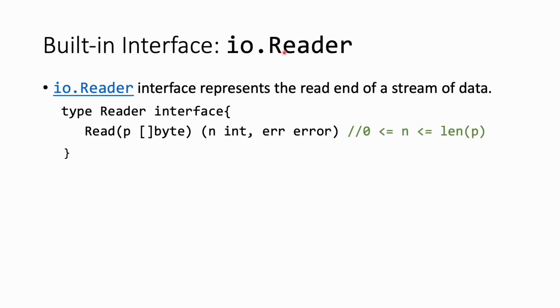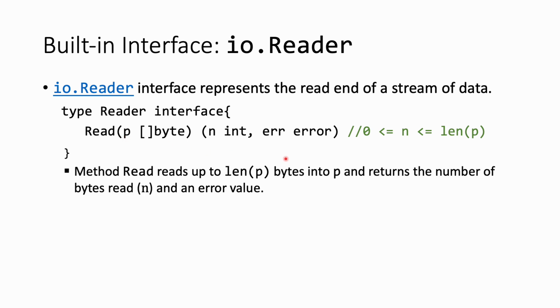Let's start with another built-in interface, io.Reader. This built-in interface is defined in the io standard package and represents the read end of a stream of data. The io.Reader interface has a Read method which takes a byte slice p as the only argument and reads up to length of p bytes into p.